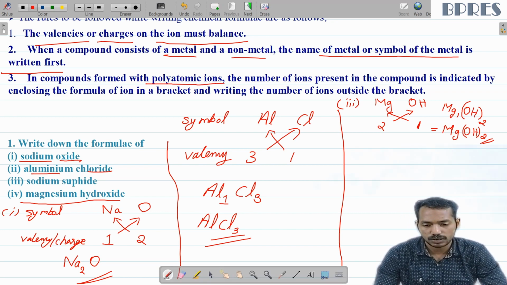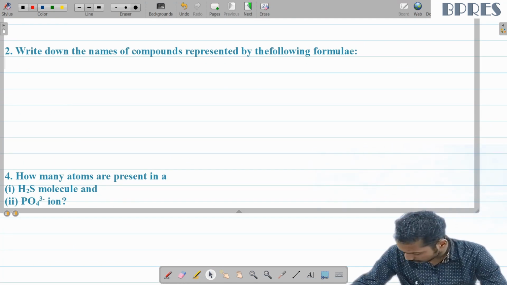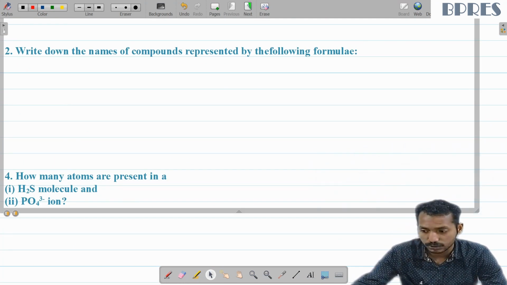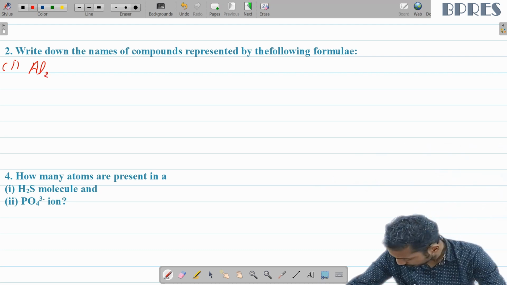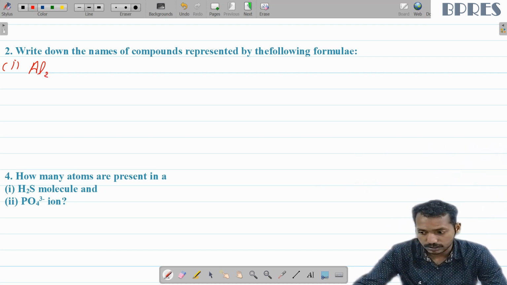Now let's discuss one more question given on the same page. I'm not going to discuss all of them, just the first one. Option 1: Al2(SO4)3.